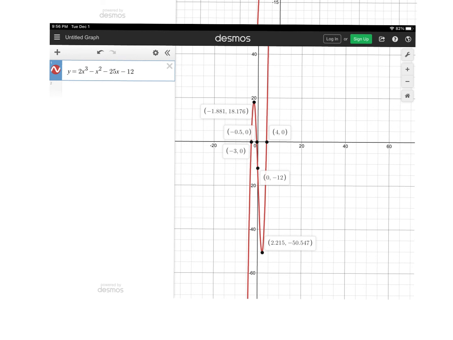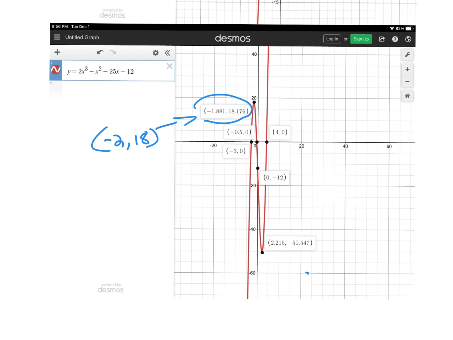Now, when I go to do this on the next slide, my additional point that I'm going to plug in, instead of -1.881, I'm actually going to plug in a -2, and what I end up getting is 18. Now, notice the highest point is this one, but I don't need to find the absolute highest point. I just want to see the direction it's going.